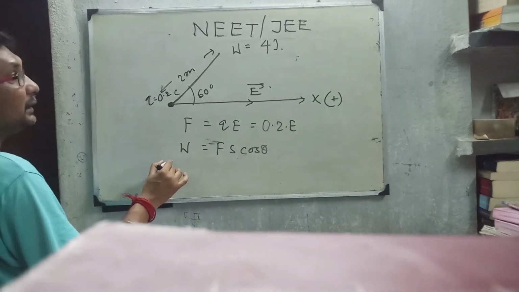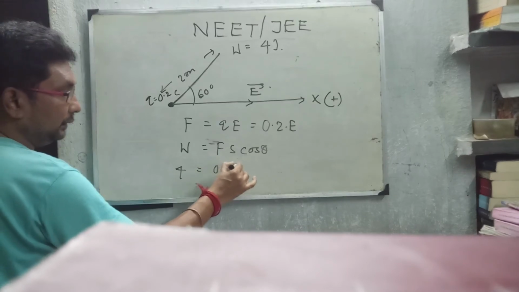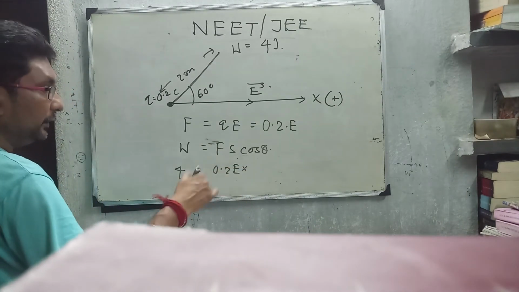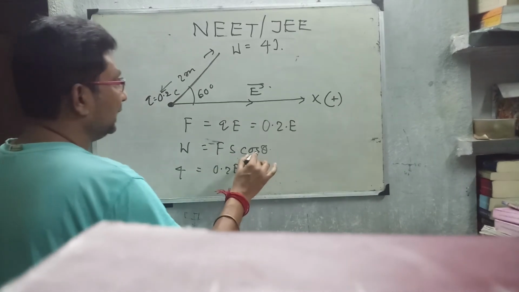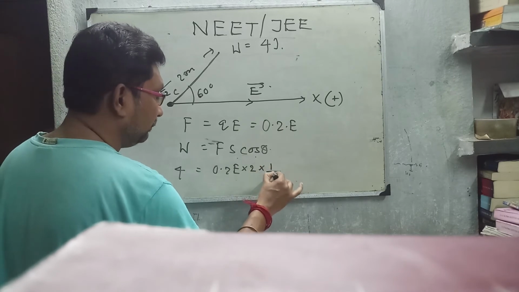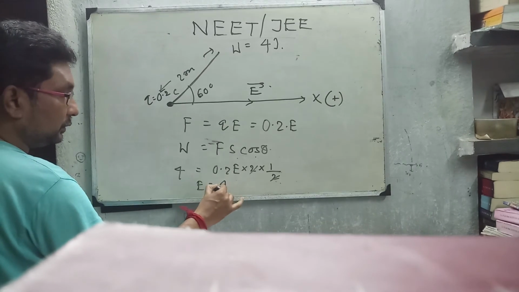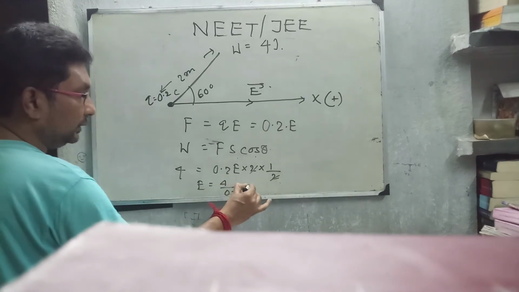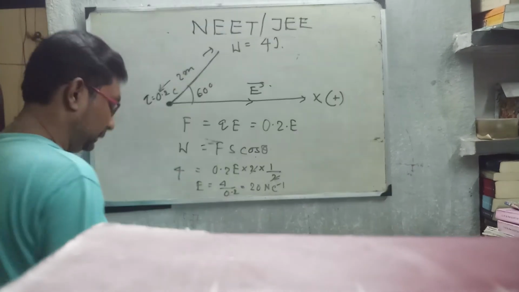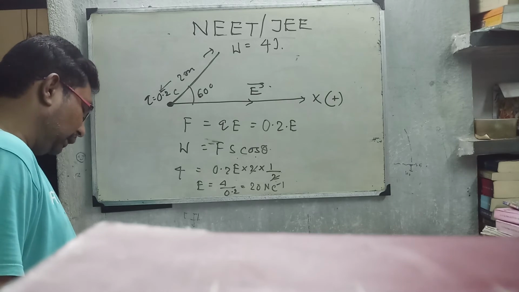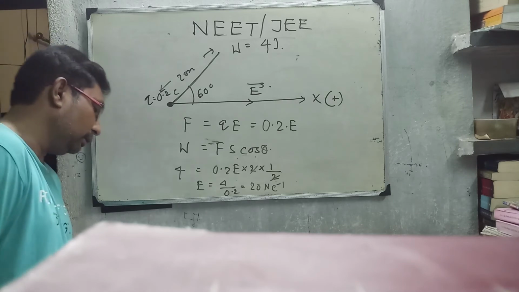That is, work means 4 joule equal to F equal to 0.2 into E into displacement 2 into cos theta, that is cos 60, that is sin 30, that is half. 2 cancels, E equal to 4 by 0.2, that is 40 by 2, and 20 Newton coulomb to the power minus 1. This is the electric field. There is the option D, 20 Newton coulomb to the power minus 1.